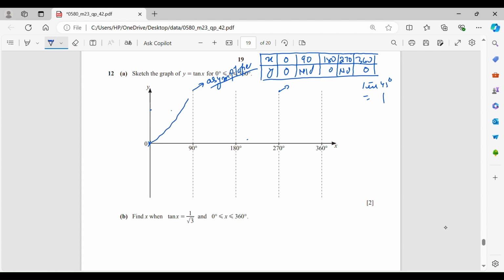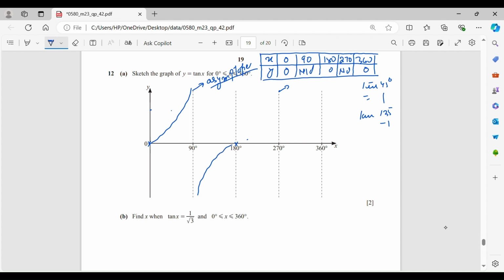Now take one value between 90 to 180, that is tan 135. Tan 135 will be negative 1, and at tan 180 it is 0. So negative 1 will be downward, so it will be like this.